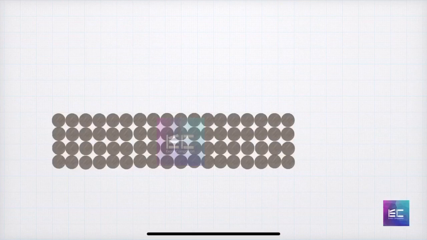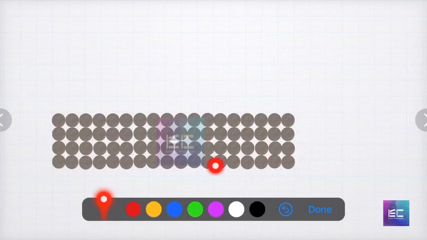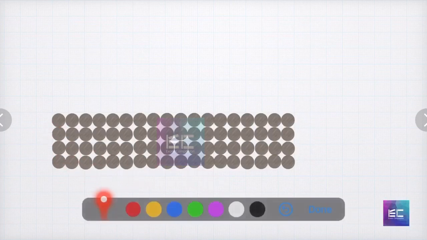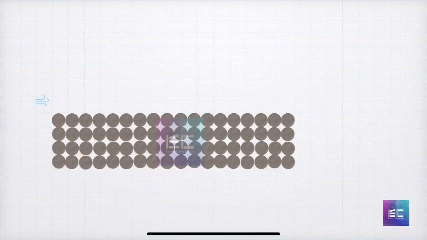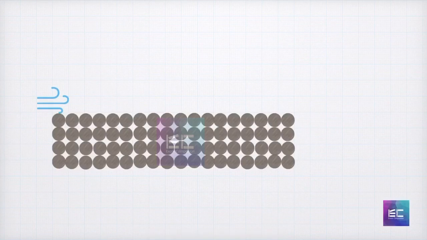Now students, here I have depicted the erosion process. Say for example, these are particles of rock or these are particles of sand. When a wind blows, it removes these particles and carries them with itself.